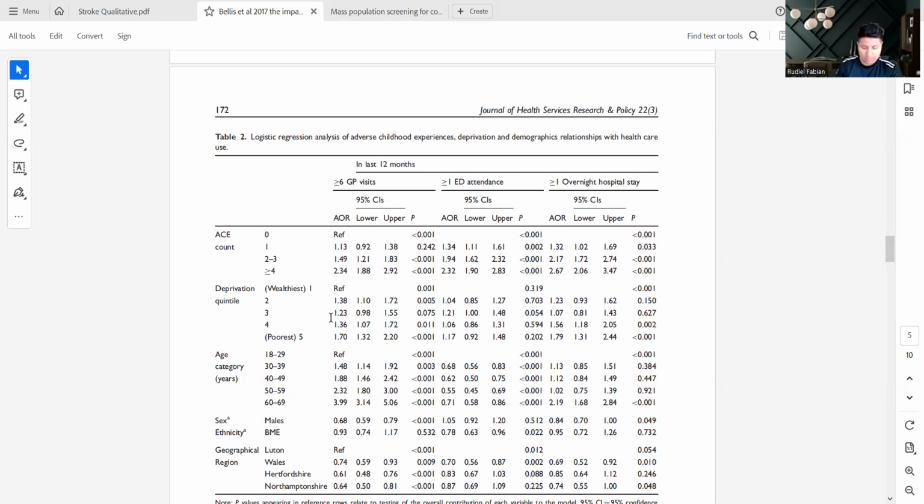It's like this one. You can see that the score is 2.34, and the confidence interval for that is 2.34 like this, and then a lower bound of 1 point something, 1.88.